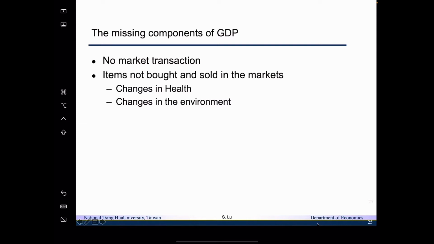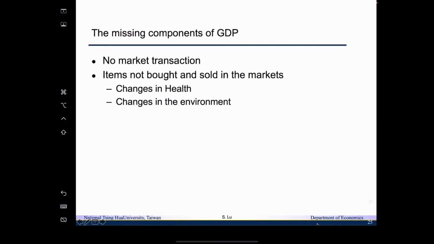Again, for those types of goods, the GDP is created, but the depletion of the natural resources doesn't count as negative to the GDP. So again, when ignoring the changes in the environment, it in fact overestimates GDP.